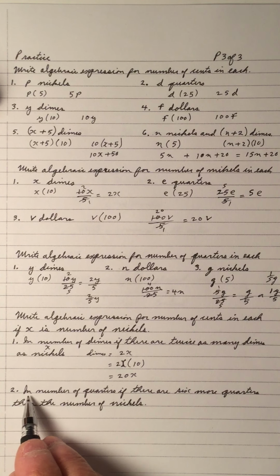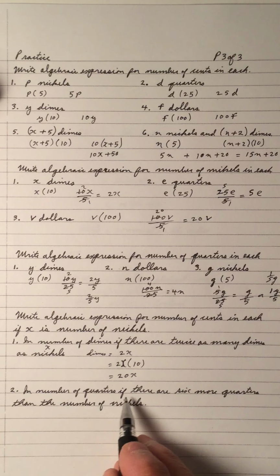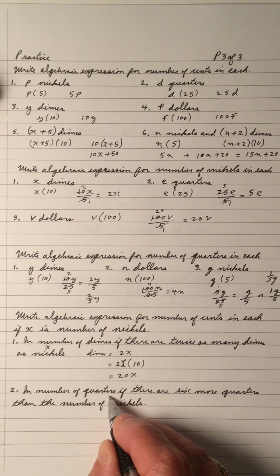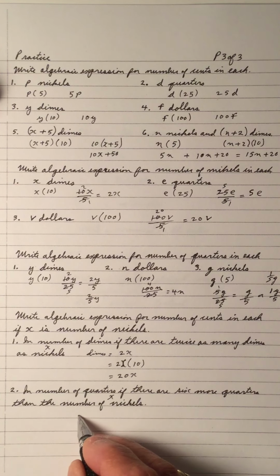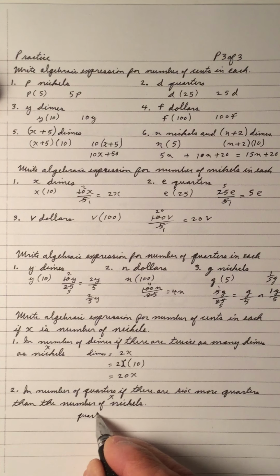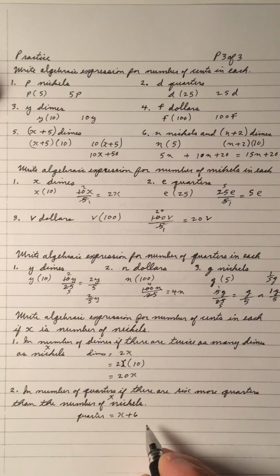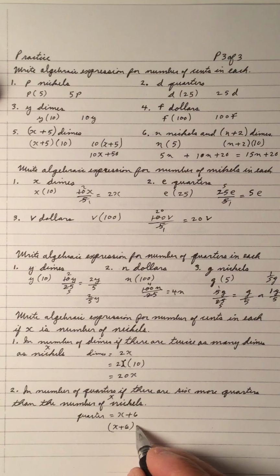Okay, number 2, the number of quarters. So how many cents is in the number of quarters if there are 6 more quarters than nickels? So nickels is x, and there are 6 more quarters than nickels. So the number of quarters is 6 more, so it's x plus 6. So if we've got x plus 6 quarters, we have 25 cents in each quarter.